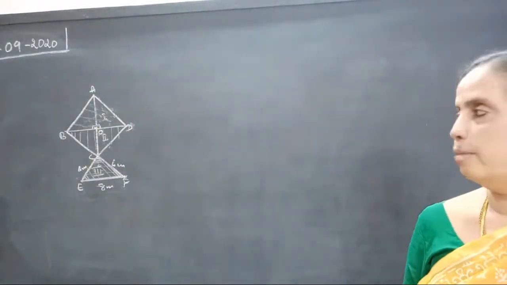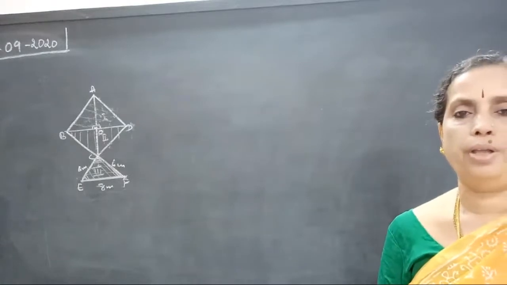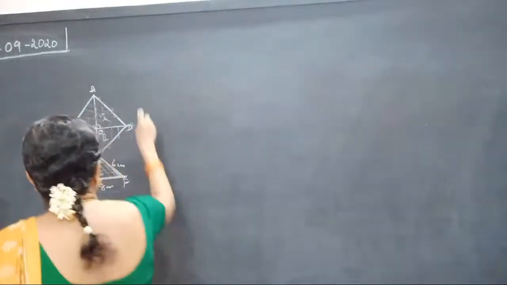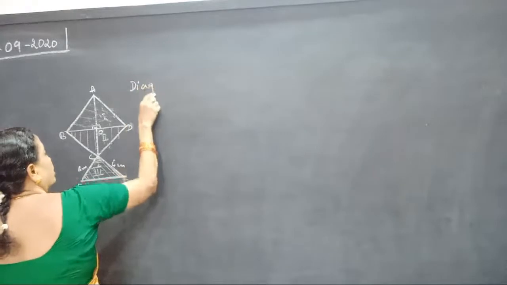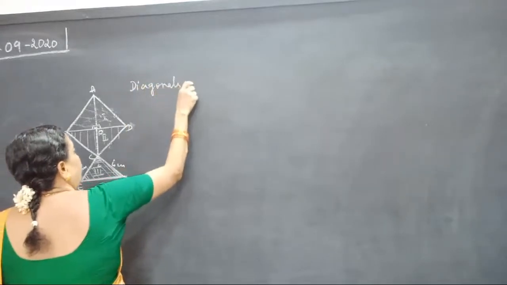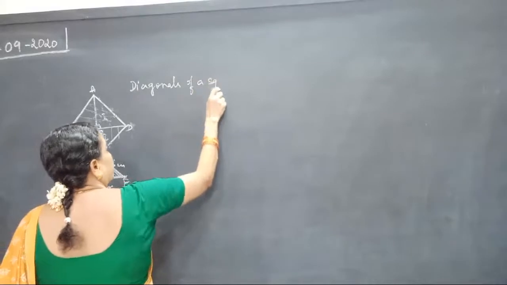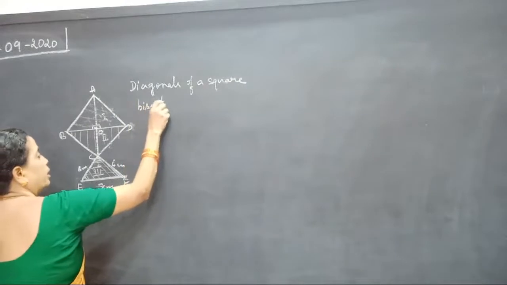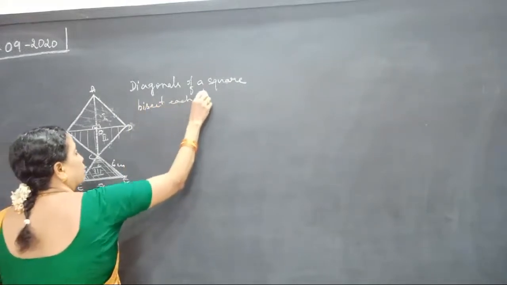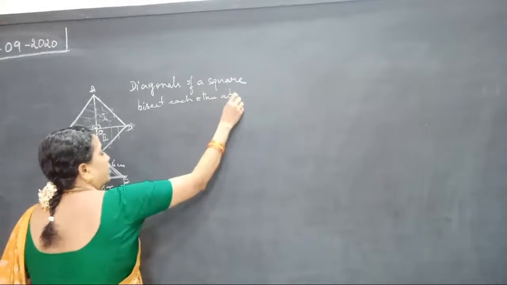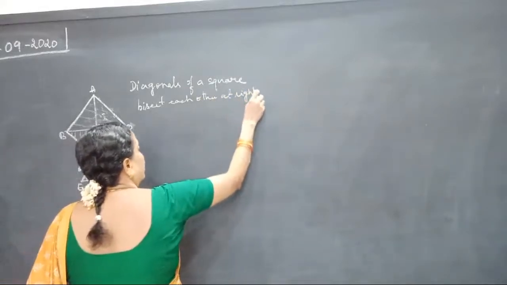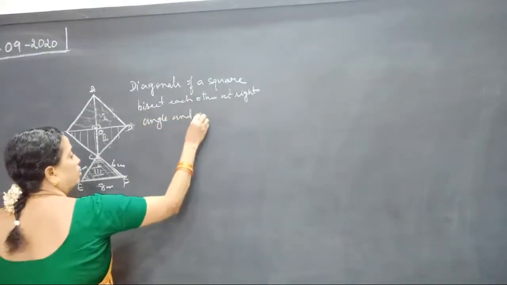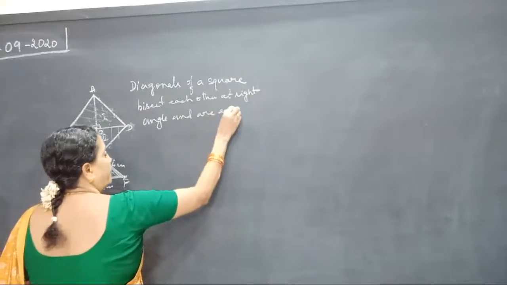So the property what I am using, diagonals of a square are equal and bisect each other at right angle. Mention the property, diagonals of a square bisect each other at right angle and are equal.